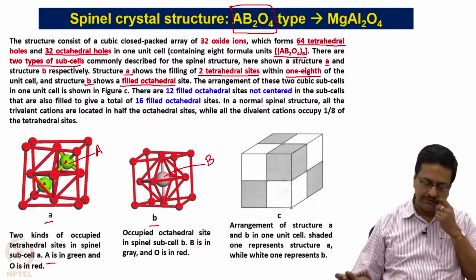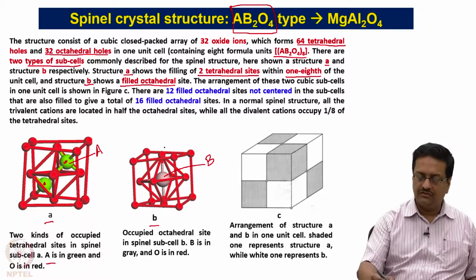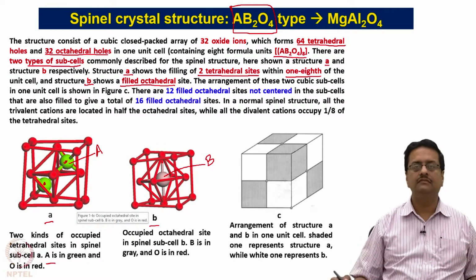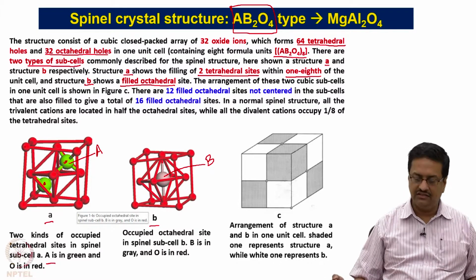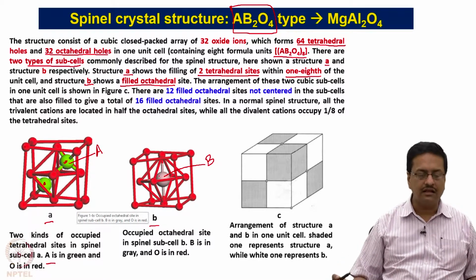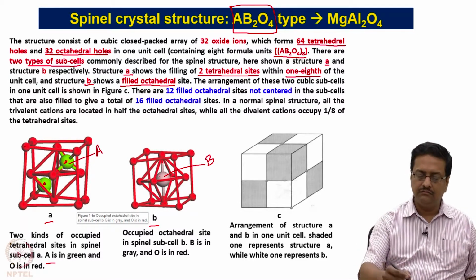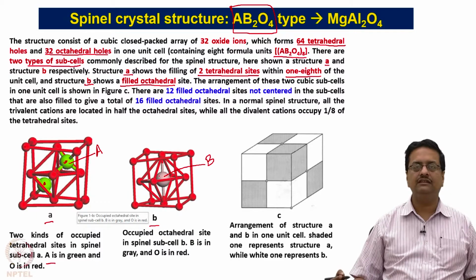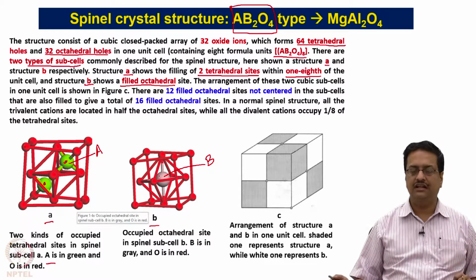So, the second subcell also has a face centered cubic lattice of oxide ions, and the center is occupied by a trivalent cation. This particular arrangement is then stacked in a three-dimensional lattice.